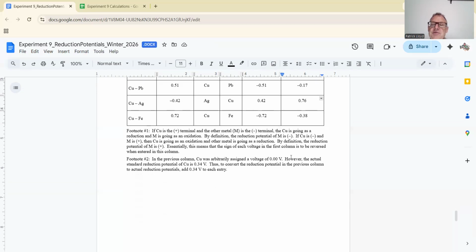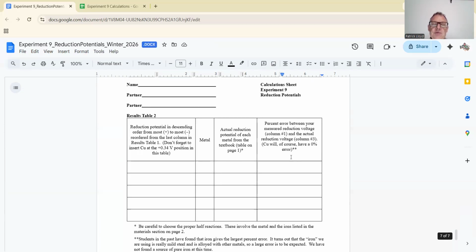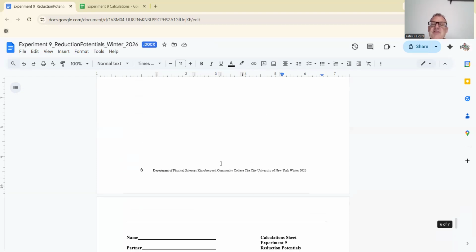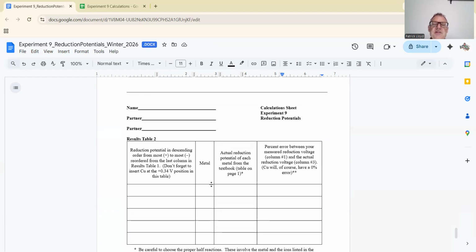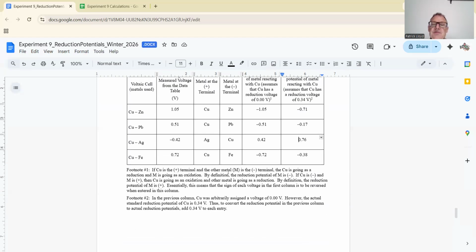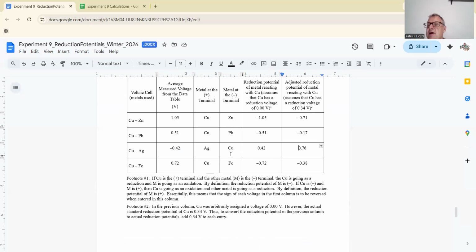So now we're going to come down to the next table, and we're going to list them from most positive to most negative. Just looking at these values, remembering that copper is 0.34. The difference between copper and zinc, we ended up with negative 0.71. So that would be the standard reduction potential for zinc.